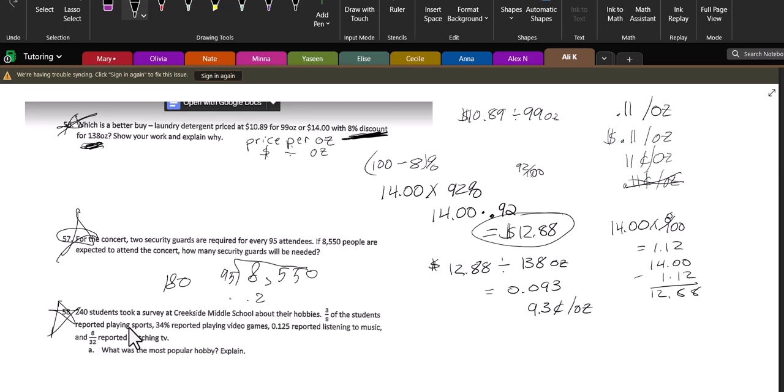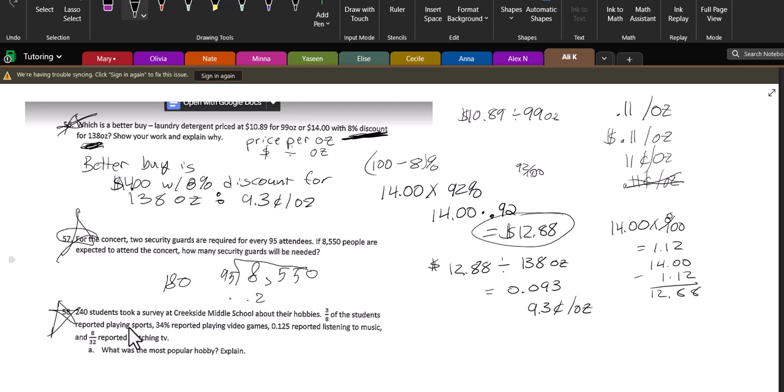So that's the better buy. So the better buy is $14 with 8% discount for 138 ounces, and that amount is 9.3 cents per ounce.